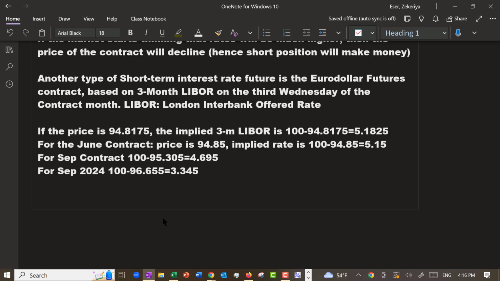But the nice thing about this is you can hedge your interest rate exposure. Because if interest rates go up, LIBOR goes up, shorting the Eurodollar futures is going to make you money.